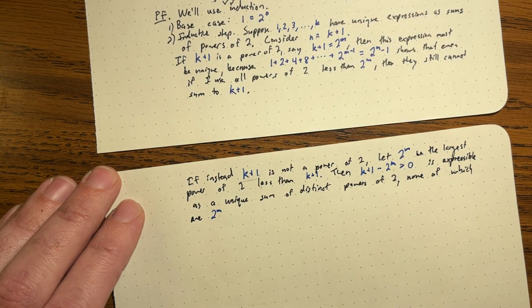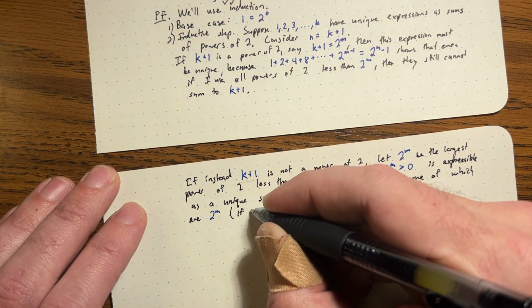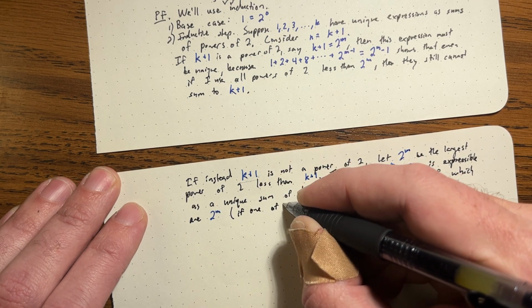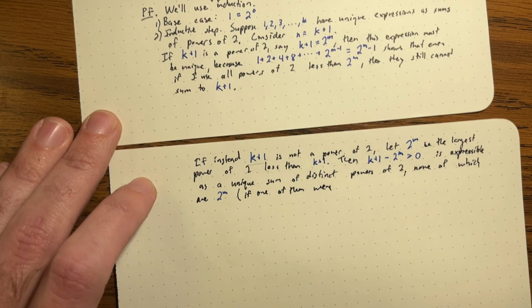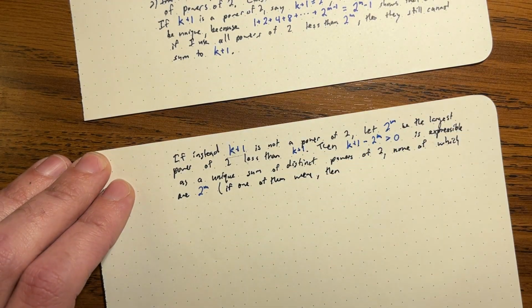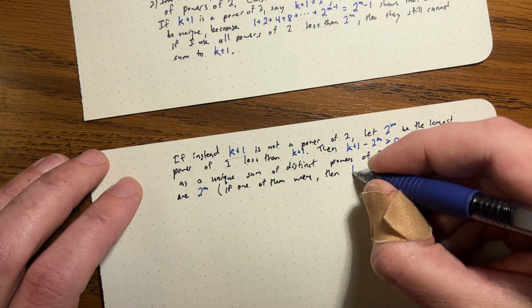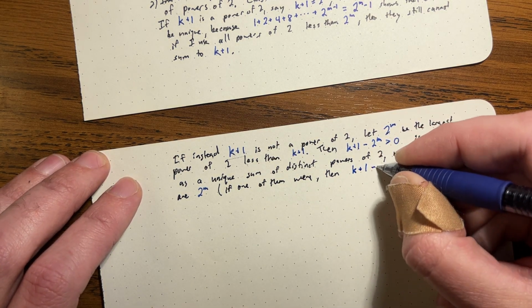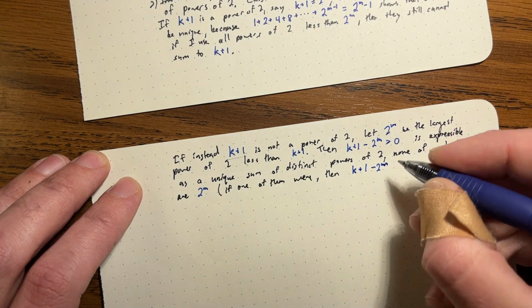And the reason why, so maybe can I do this parenthetically? So if one of them were, I feel like by the same argument up here, it's not going to work. So if one of them were, then k plus 1 minus that power of 2 is going to be that same power of 2 plus something.